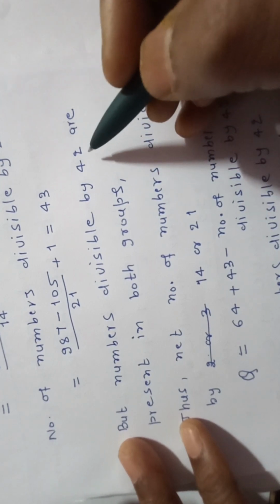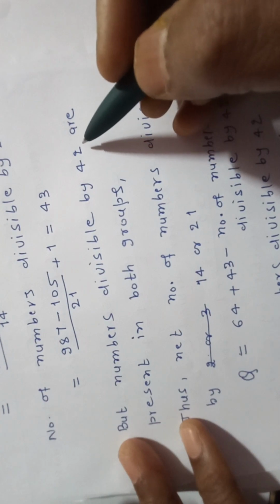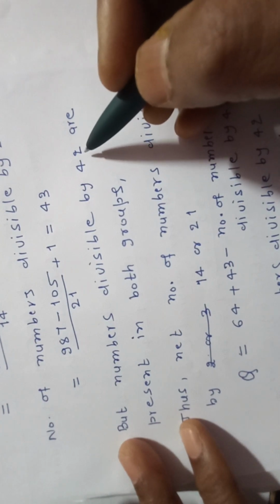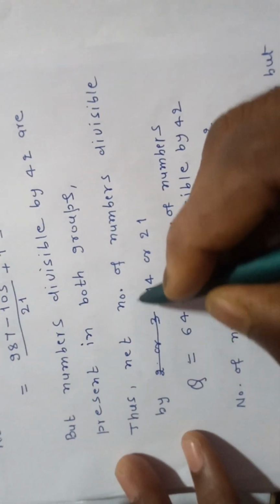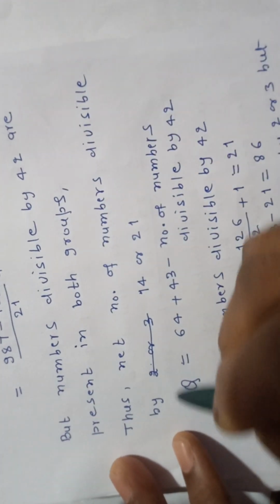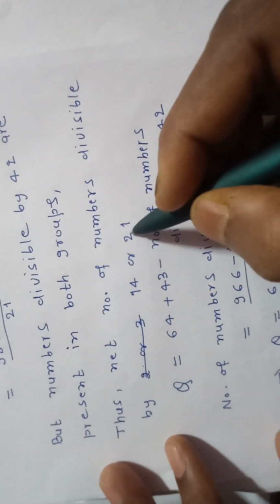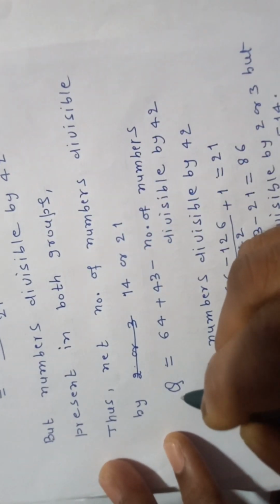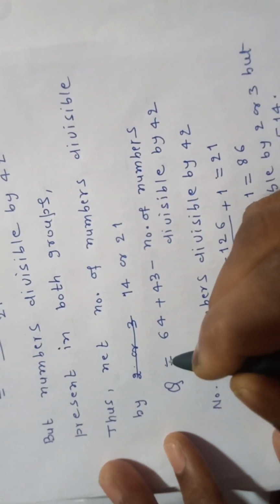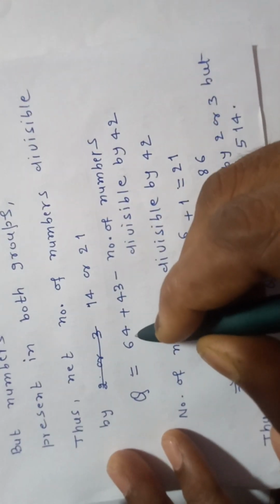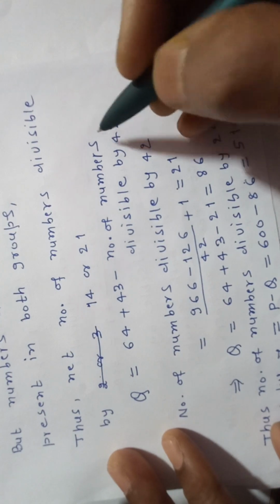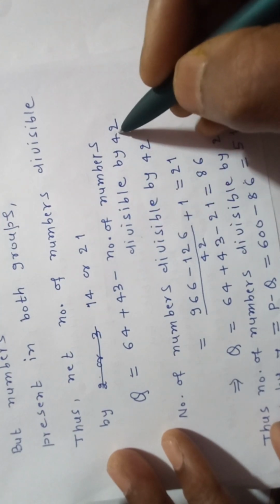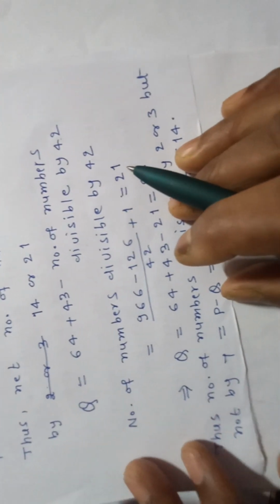So these numbers will come in both the groups. Thus, the net number of numbers divisible by 14 or 21, let that number be Q. So Q is equal to 64 plus 43 minus the number of numbers divisible by 42.